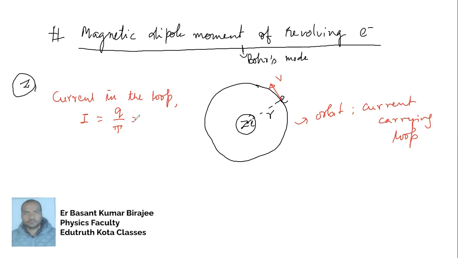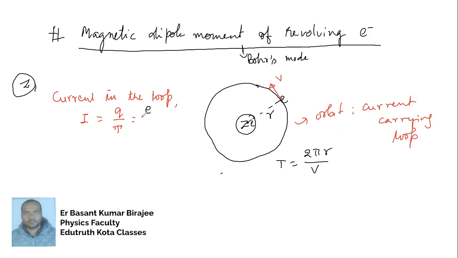And what will be the value of the time period? In one time period, the electron will cover a distance equal to 2 pi r, and time is equal to what? Path length or distance covered by speed, no? So your time period is 2 pi r by v. So we can just put in the formula.